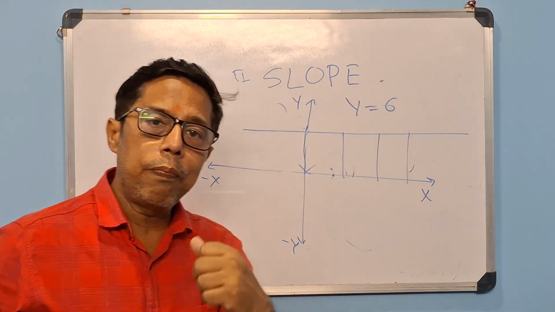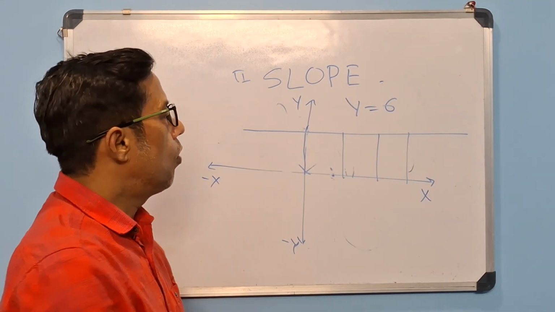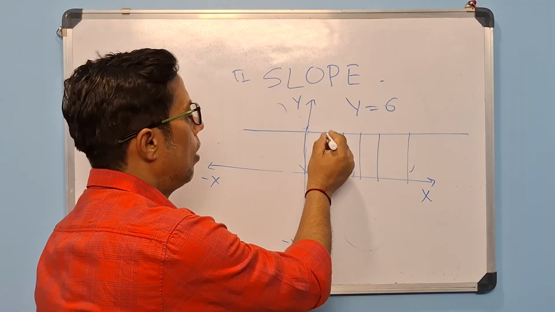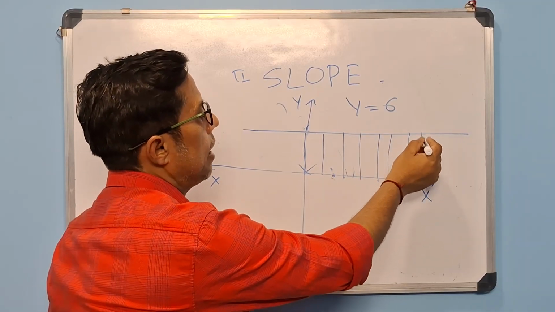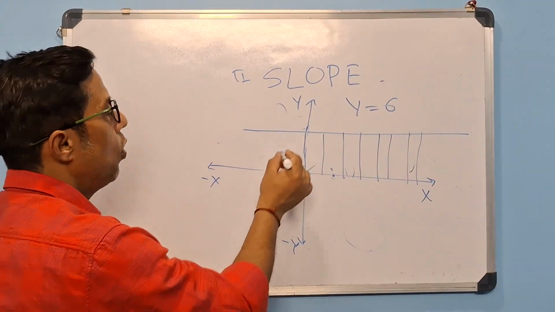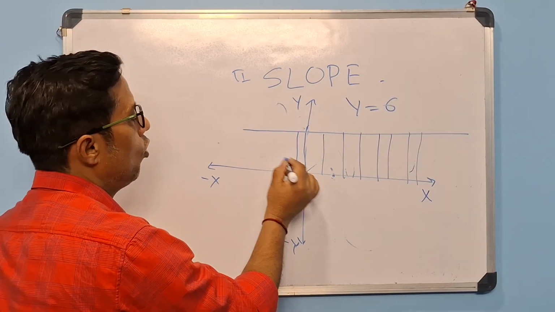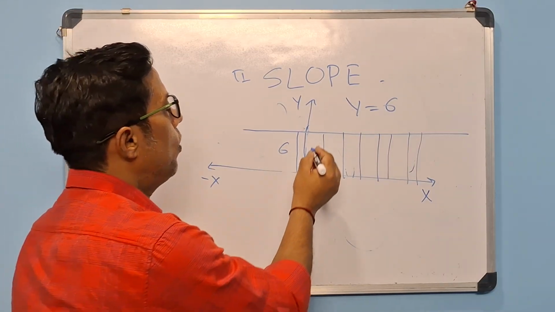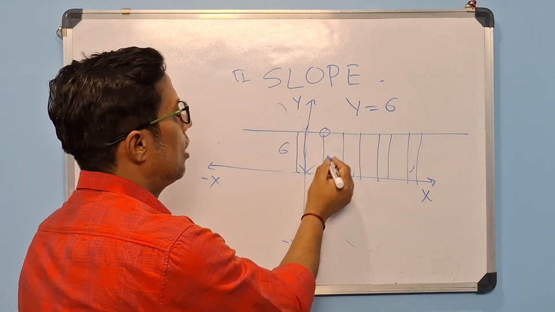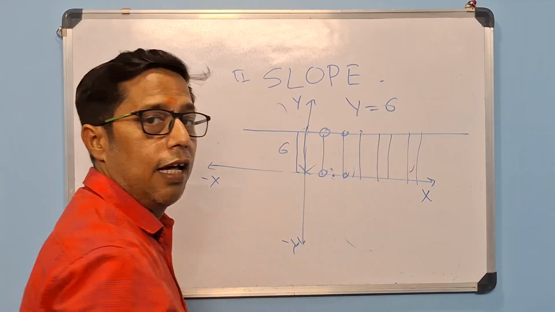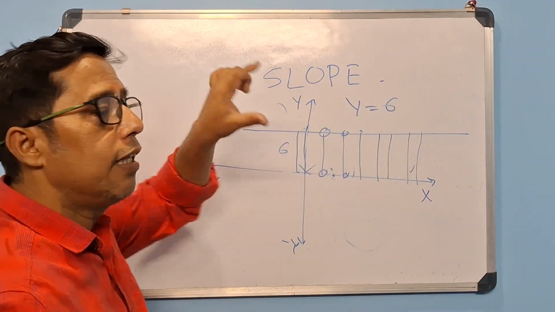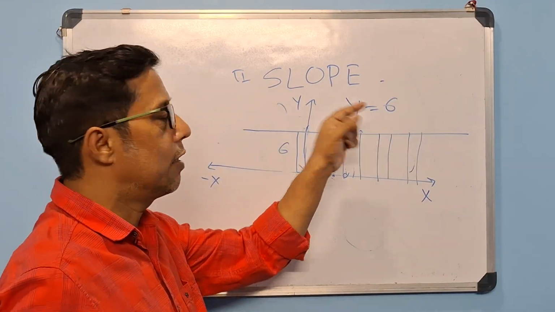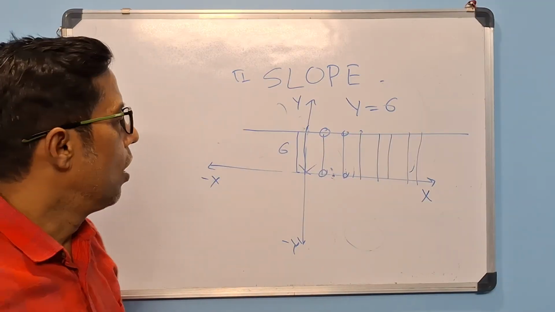Now what is the meaning of parallel? If you draw perpendiculars from this line, all the perpendiculars will have the same distance. So if y is 6, all these distances are fixed at 6, because the y-intercept is mentioned as 6.